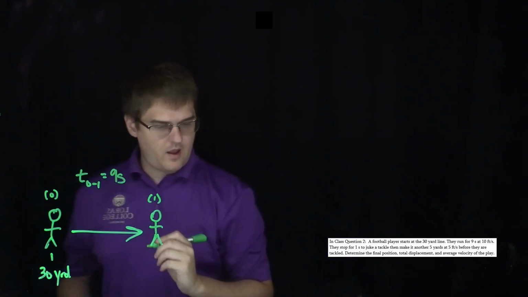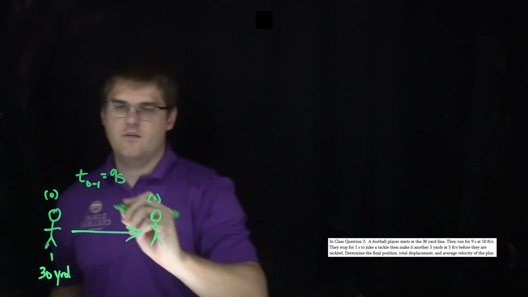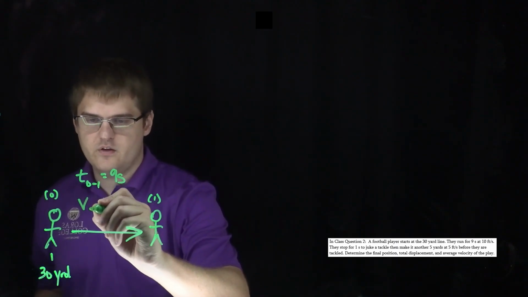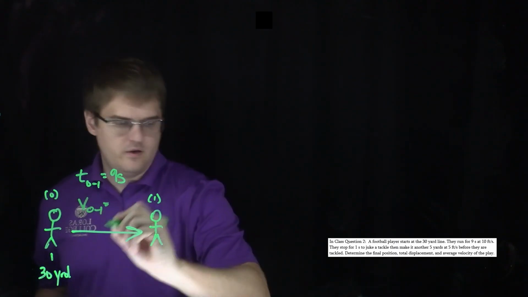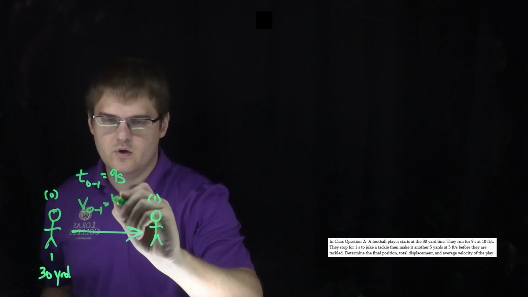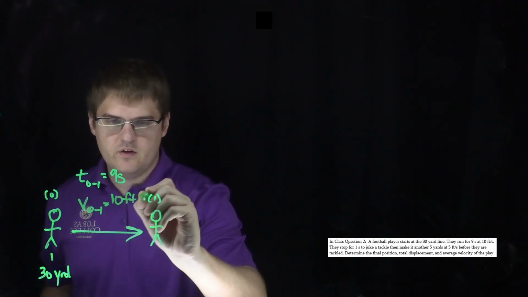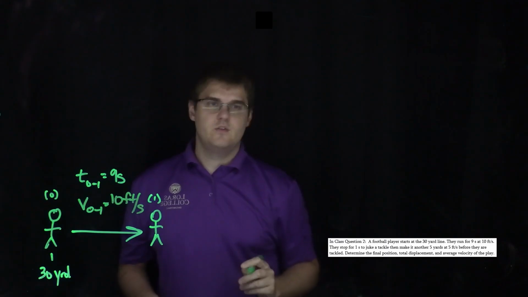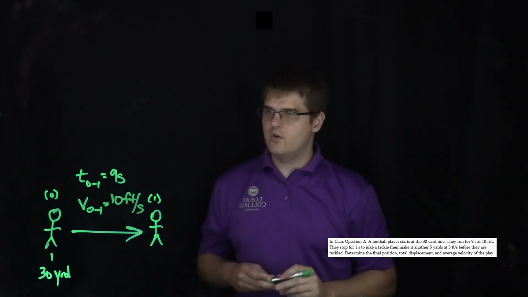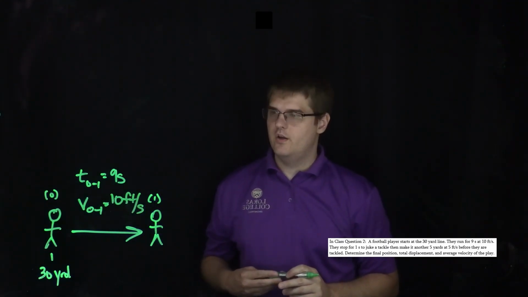And during that run, he's running at 10 feet per second. So velocity 0 to 1 is going to be equal to 10 feet per second. This feels weird because normally I give you guys questions in metric.